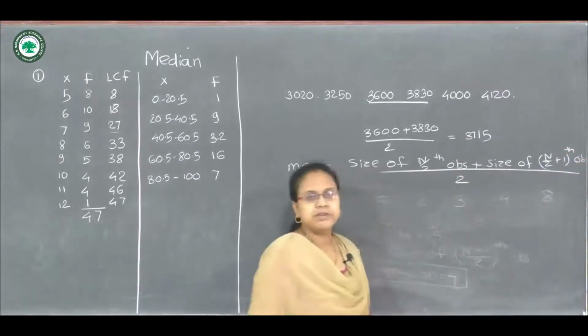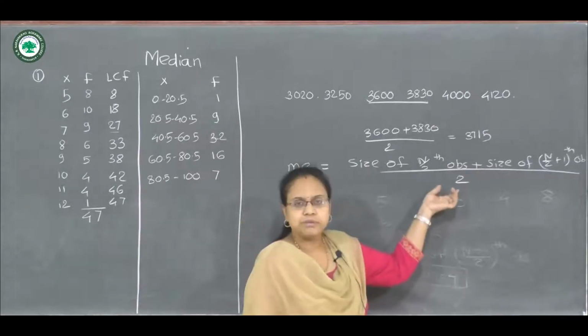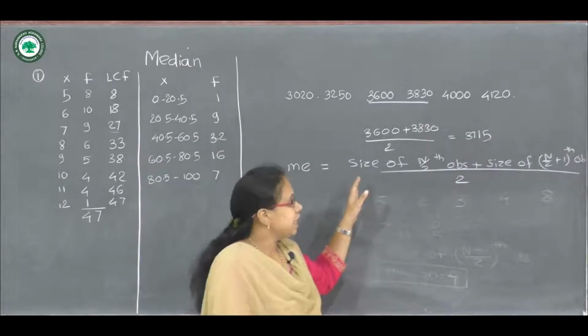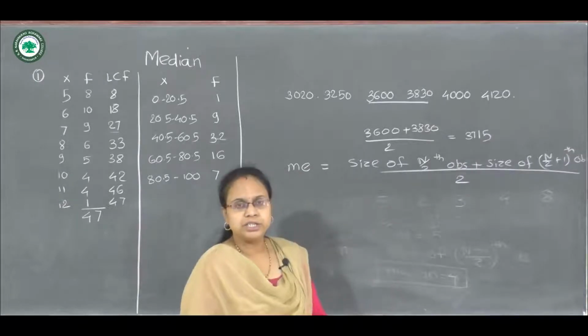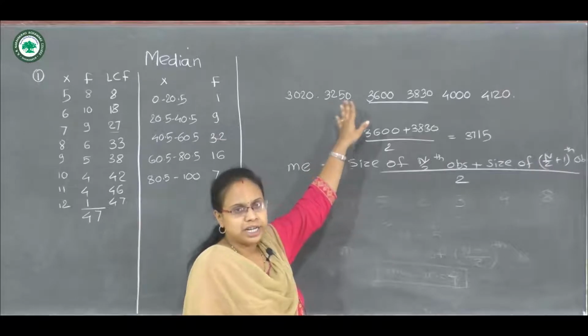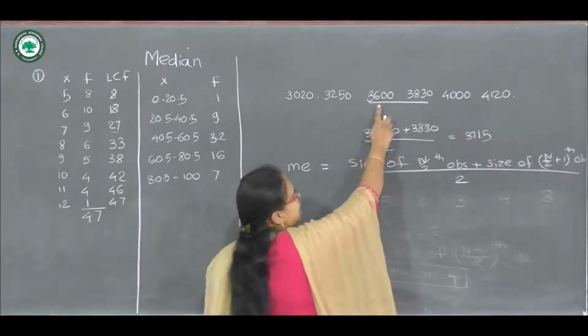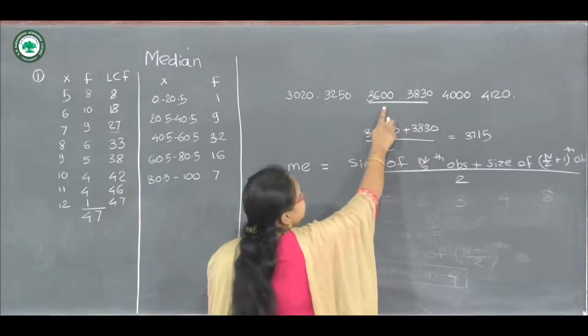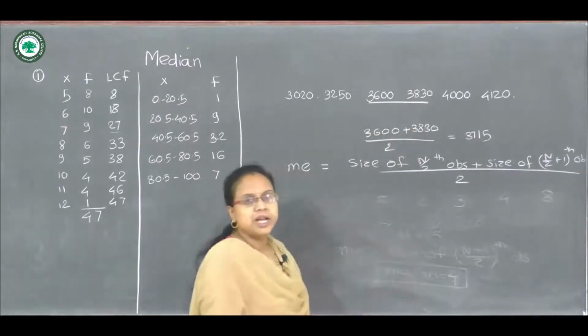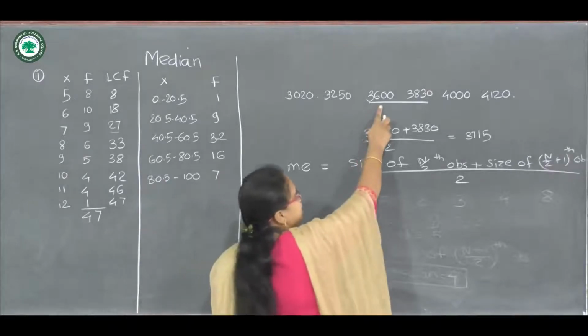This means we are simply taking the arithmetic mean of the middle 2 observations when the data is arranged in ascending order. Here I have already arranged the data in ascending order, and the middle 2 observations are the third and fourth observations.